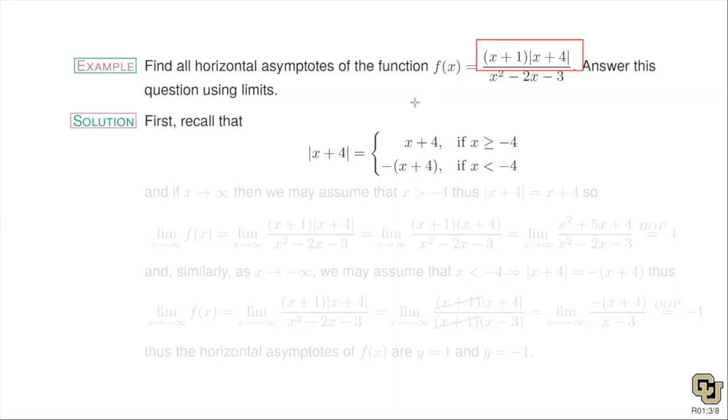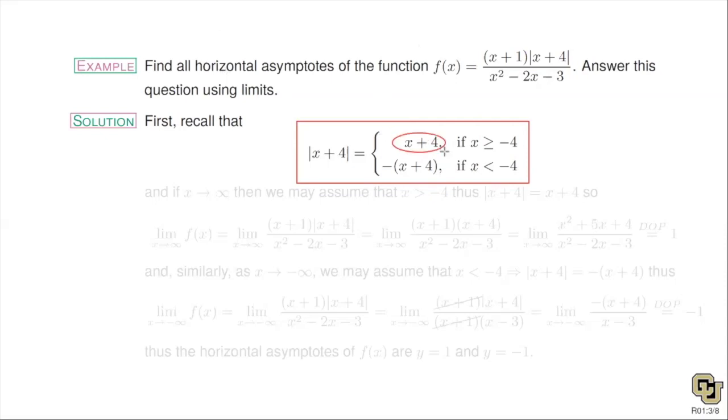So here, I need to decode the absolute value first. I need to rewrite the absolute value as a piecewise defined function, and then use the appropriate definition, either x plus 4 when x is bigger than negative 4, or negative quantity x plus 4 if x is less than negative 4.